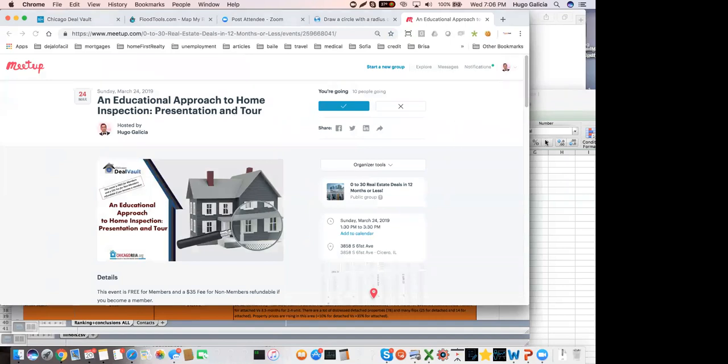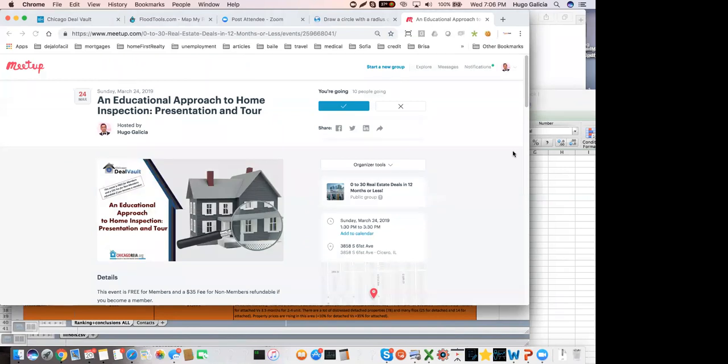Joe is going to tell you what to look for in a property: identify the hot ticket items like the roof, mechanicals, foundation, issues that are going to cost you money that you need to be aware of. When you do your due diligence on a property, you've got to know the things to look at from the outside and the inside. Joe is going to show you how to do that.